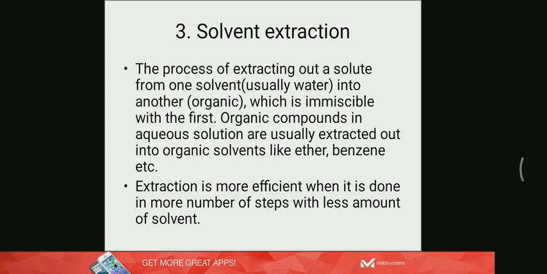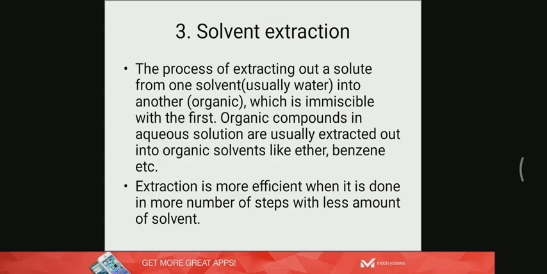For example, if you extract eucalyptus oil or lemongrass oil from their plants, you will get a very dilute dispersion of these oils in water, and the very small amount of these oils present in this aqueous layer is extracted by adding an organic solvent like ether or petroleum, benzene, etc., so that the essential oils will get distributed quickly into this organic layer.